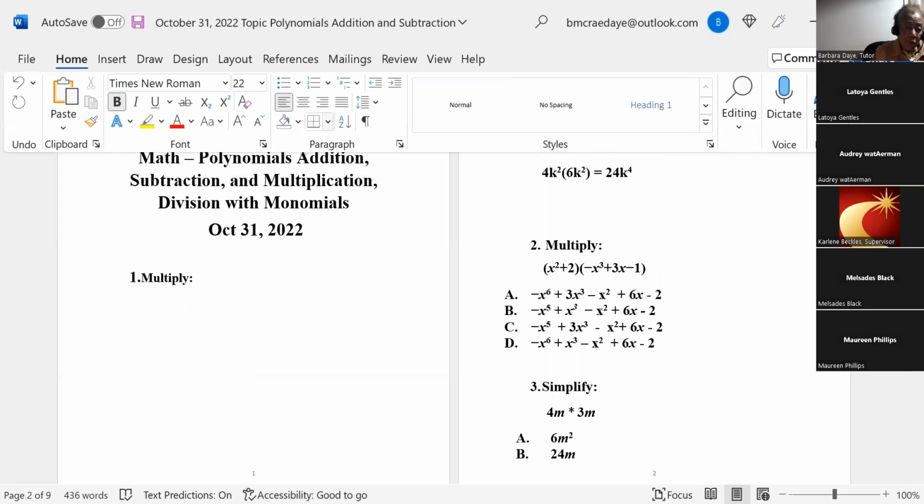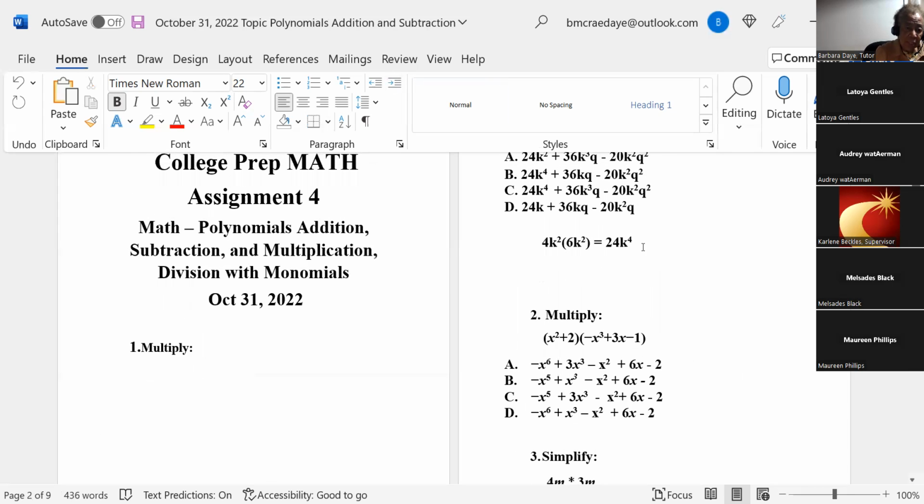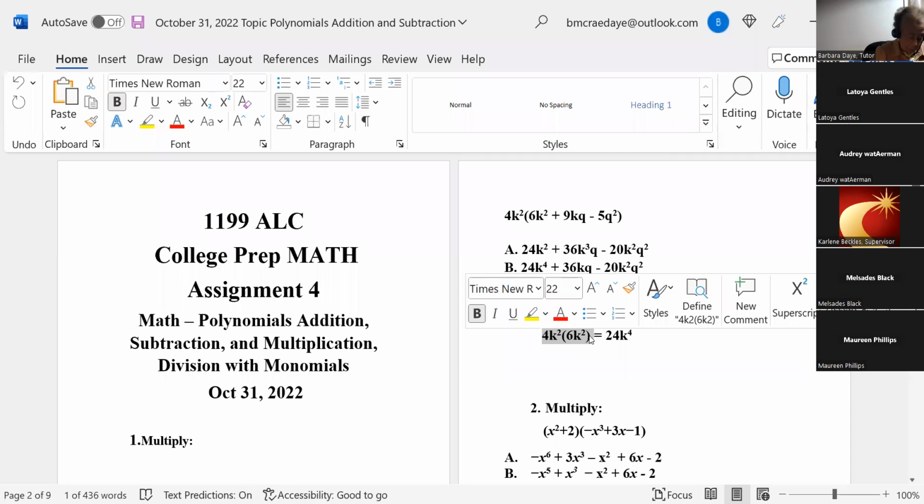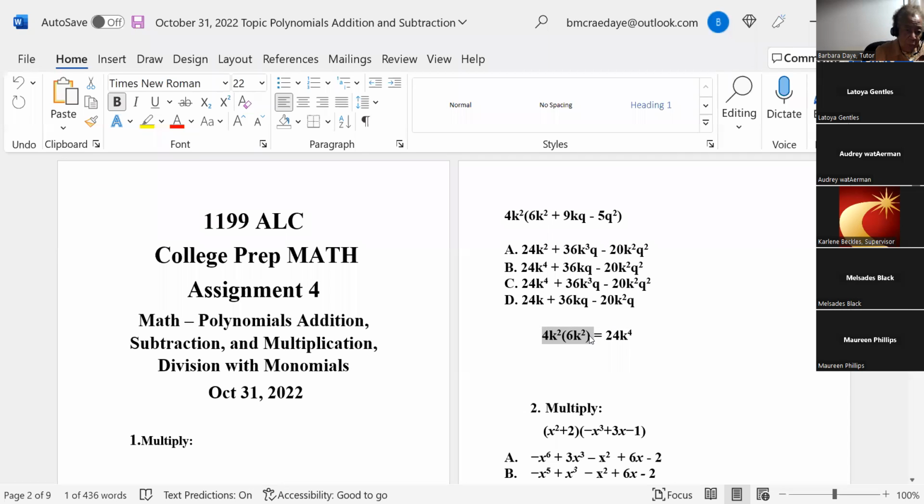Okay, now let's go to the next one, Mercedes. Now we've got that same 4k to the second. I'll just put that here. Now, what are we multiplying that 4k to the second by? I multiplied 4k to the second by 9kq, right?